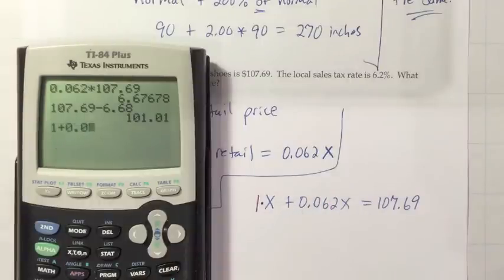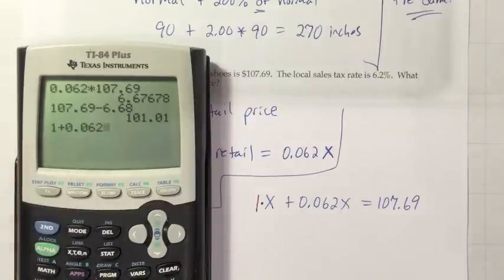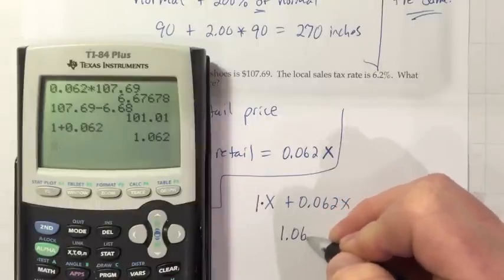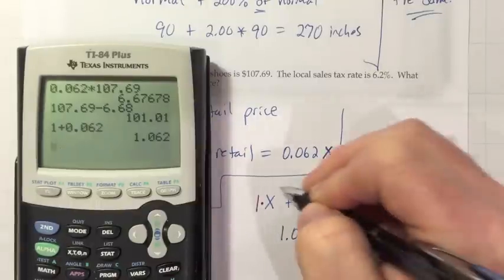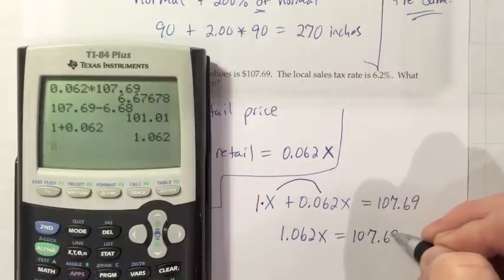So you do the same thing even if one of them's a decimal. So you have the coefficient from here, 1, plus the coefficient from there, 0.062, and that should just be 1.062. You don't really need the calculator on that. So 1.062 times x, combining these two, is 107.69.